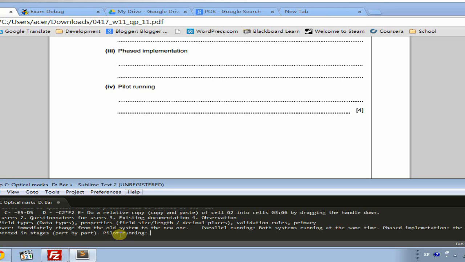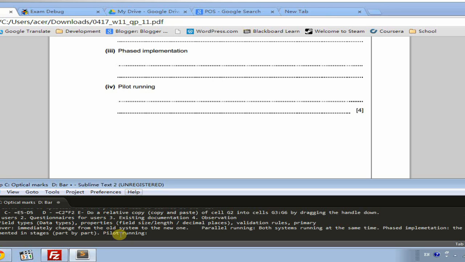So this is where we run a pilot system, which is not a man in an airplane, but a one-off or a one trial area. So, for example, in our shipping company, maybe first one part of our company, one department, so maybe the human resource department, will change over to the new system first, and they'll check it out, they will fix any problems, and then we'll move it on to another branch.